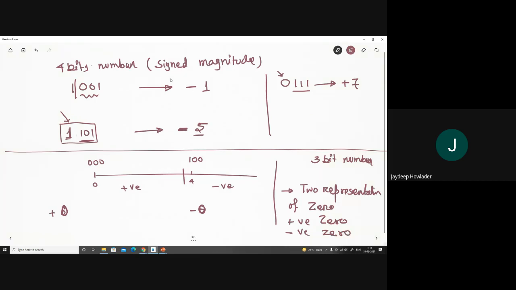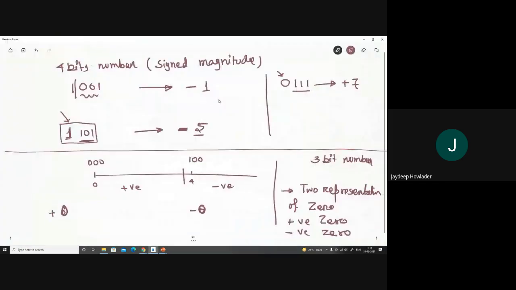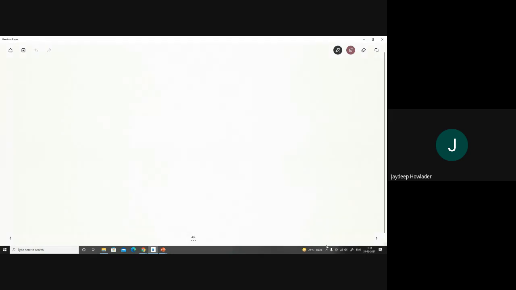We have a number line which runs from 0 to 7 for a 3-bit number, and we divide it this way: positive 0, then 1, 2, 3, and then -1, -2, -3.